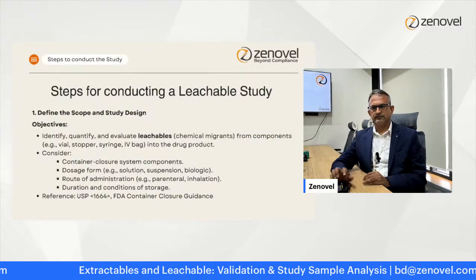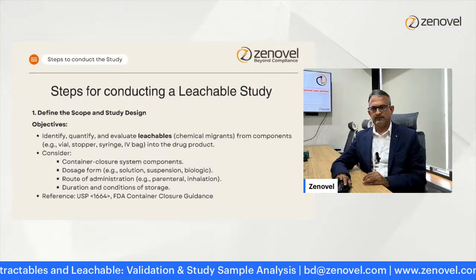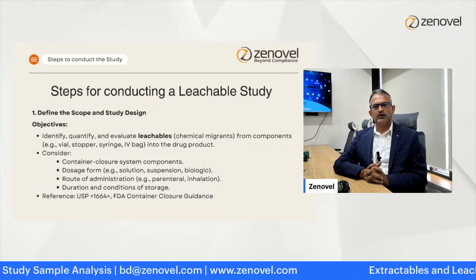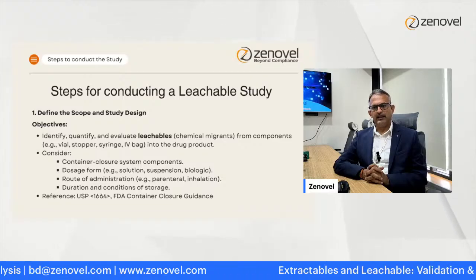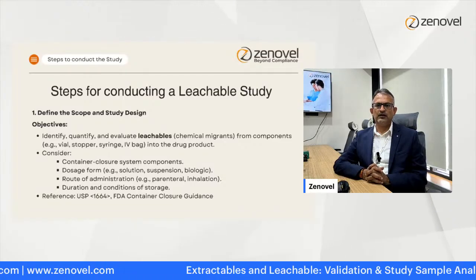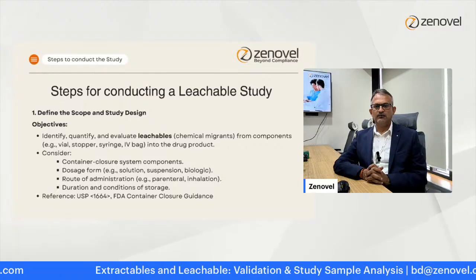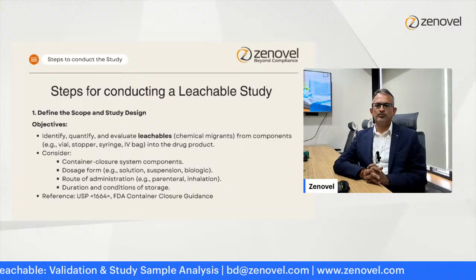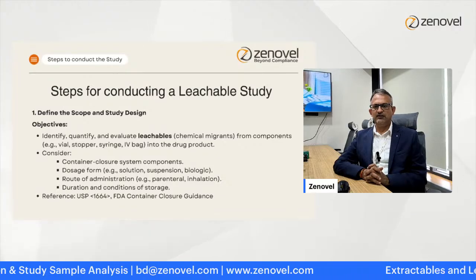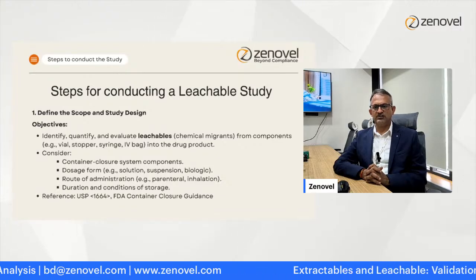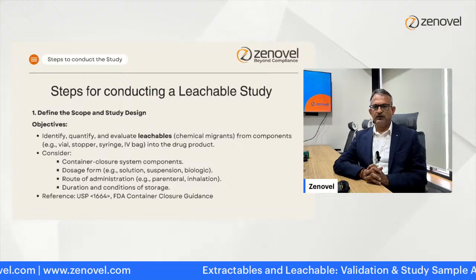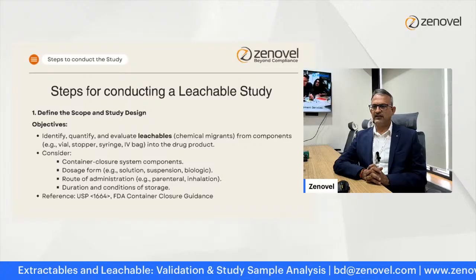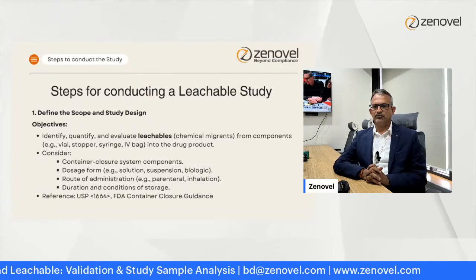Sure. So first, for the estimation or performing a study of any leachable, the first step is to define the scope and the study design. The objective should be to identify, quantify, and evaluate leachables from components like vials, stoppers, syringes, and IV bags into the drug product.